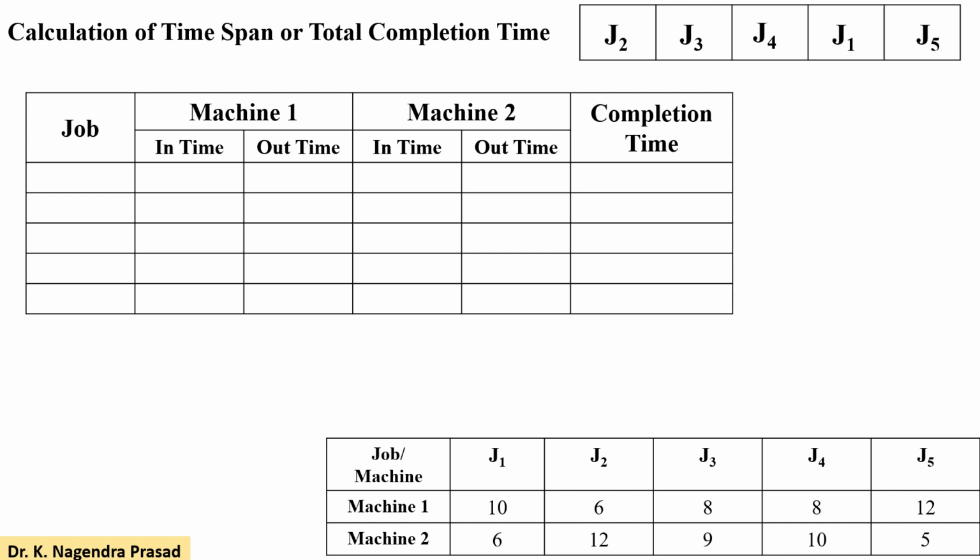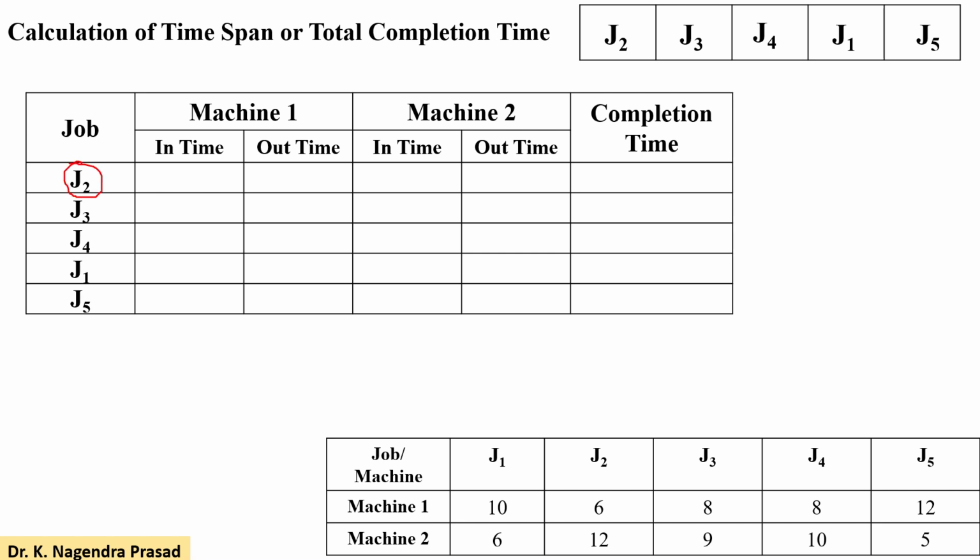In the job column, we write down the job sequence: J2, J3, J4, J1, J5.